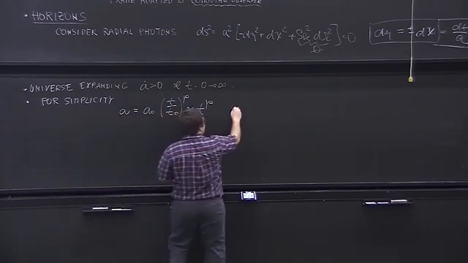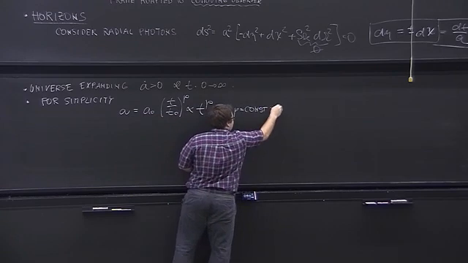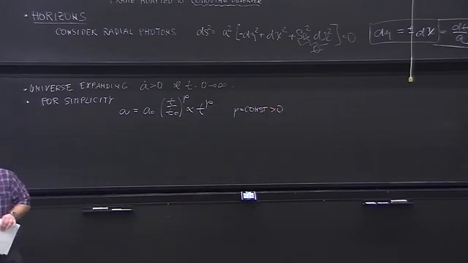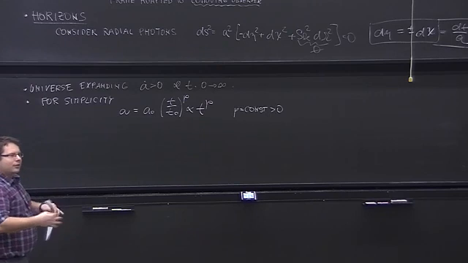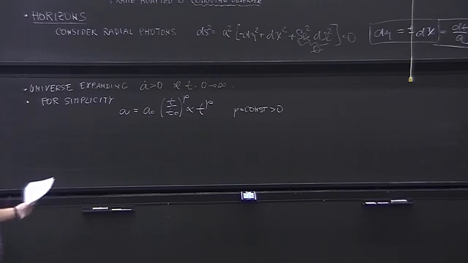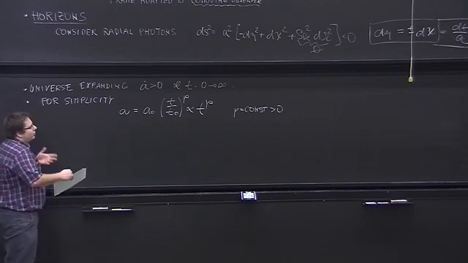I'll take p to be a constant bigger than 0. You will see that for many eras of our universe this is true, whenever the universe is dominated by a single component, for example by radiation or by matter.